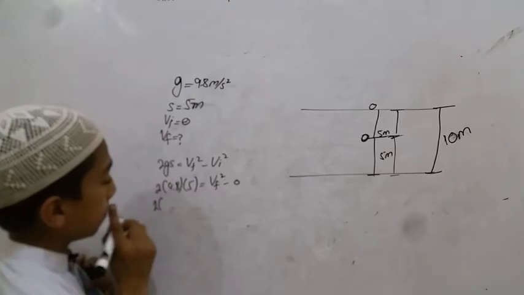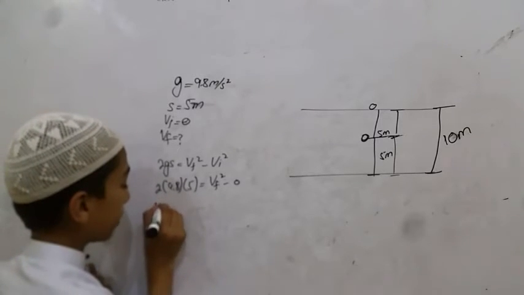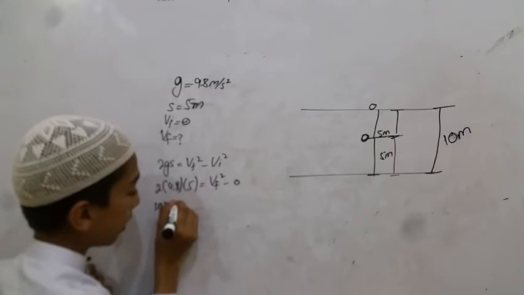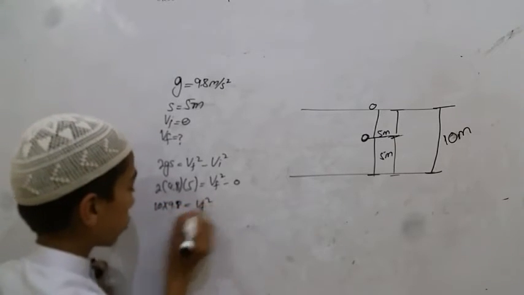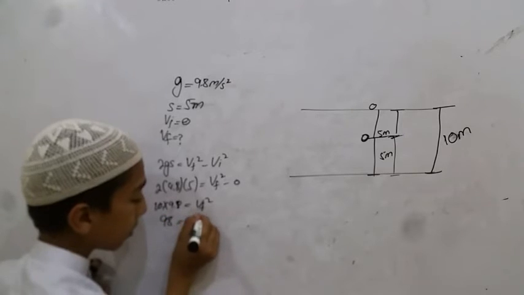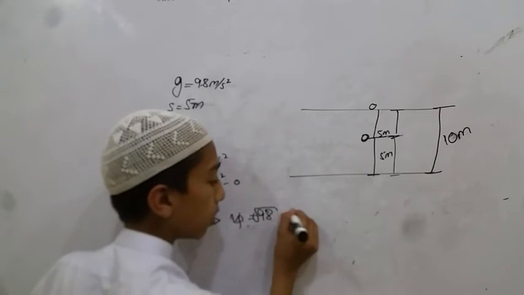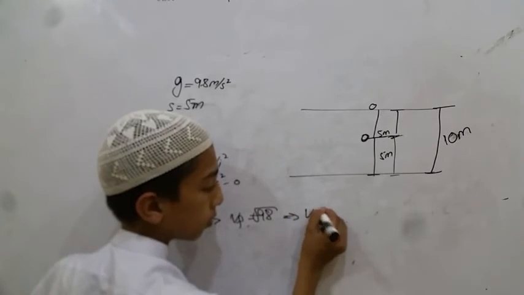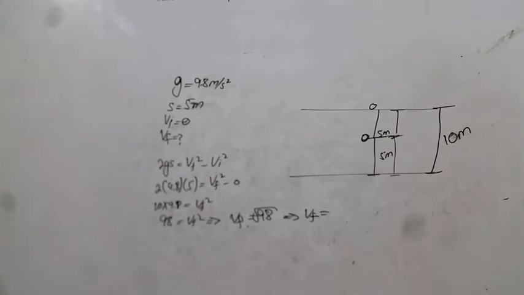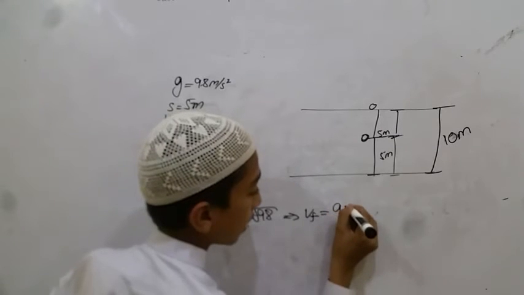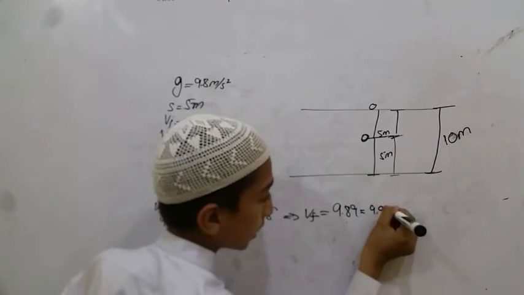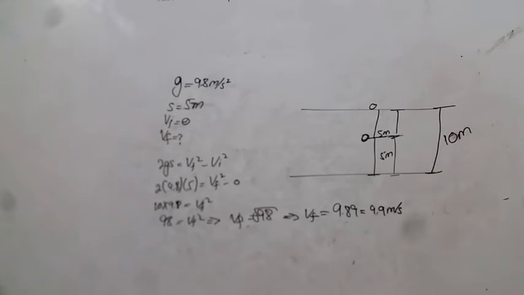So 98 is equal to Vf square. So Vf is equal to square root of 98, which is 9.9 meter per second. This is the velocity of the ball about 5 meter above the water surface.